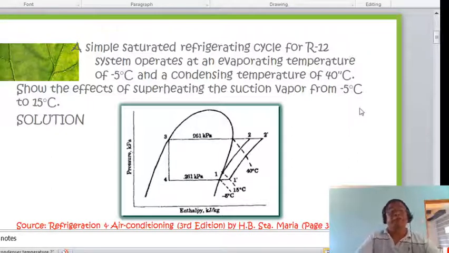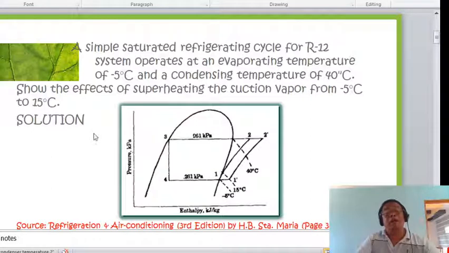If we take a look, class, at the pressure enthalpy diagram, you will notice that in superheating, the 1 prime is now located outside the saturation curve. Outside the saturation curve. That's why we call that superheating.